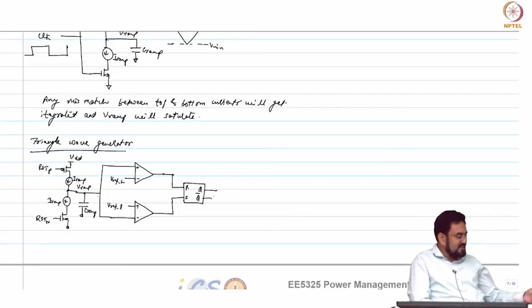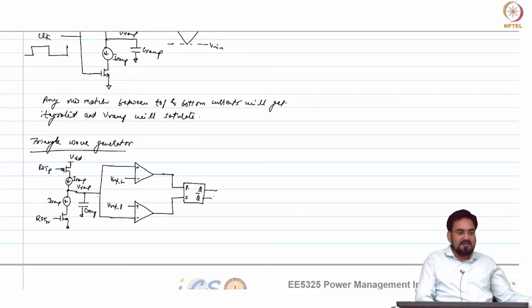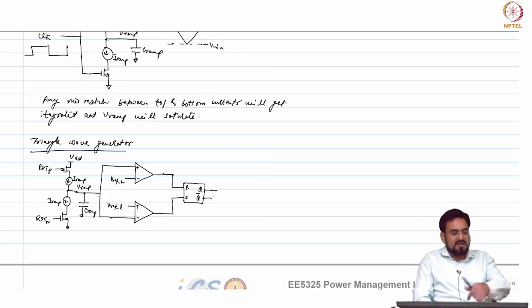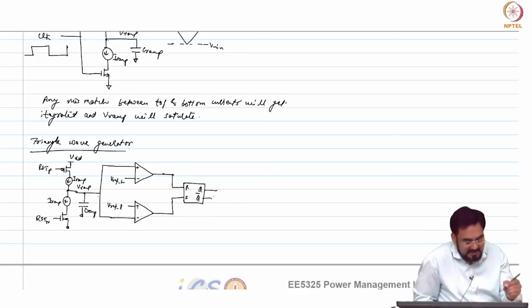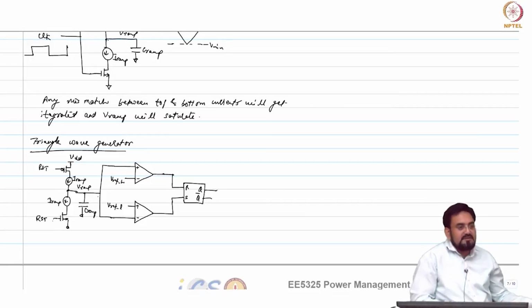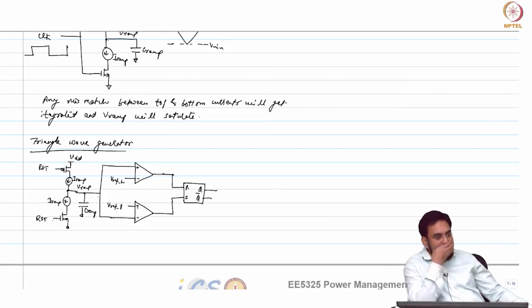If your switches are of the same type, then it has to be driven with a complementary signal. Okay, so which signal should drive the reset? So now let me call it reset. Q or Q bar?